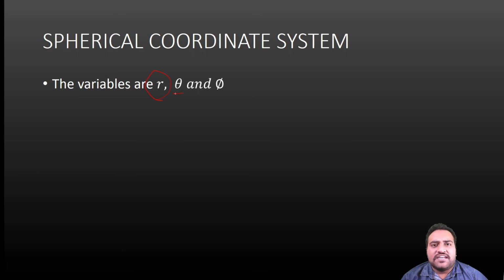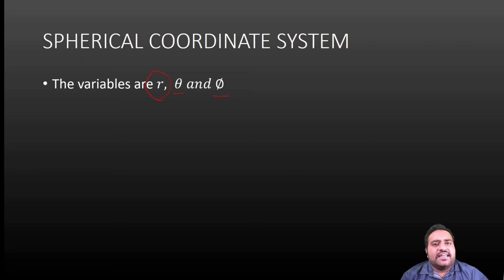It is the angle the positional vector is making with the z axis. Phi is here the same as that of cylindrical coordinate system. It is the angle the projection of the positional vector is making with the reference axis. In general, it would be the x-axis.